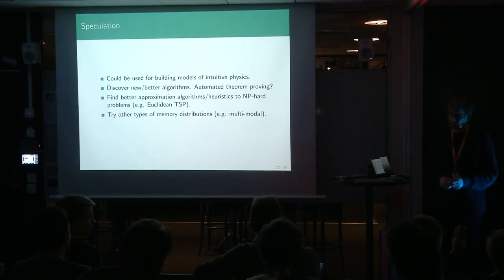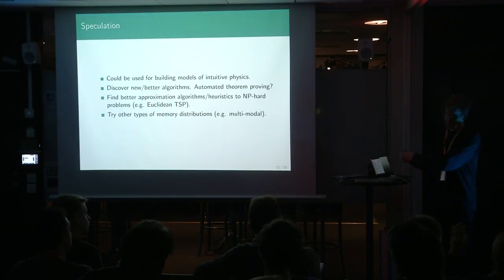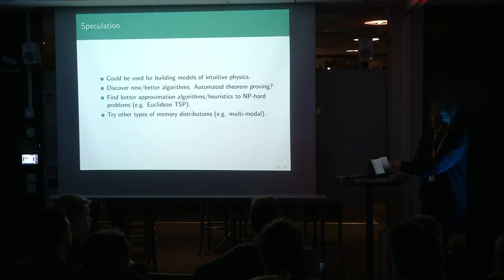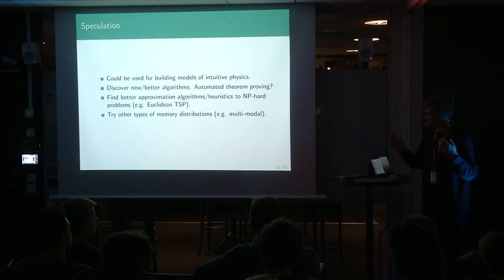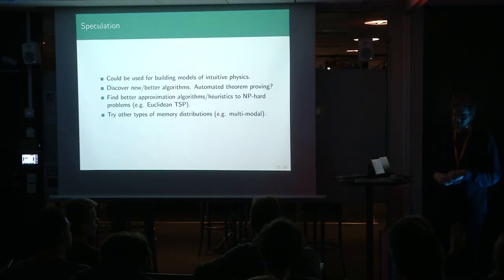I'm not sure. I like the idea of capturing graph structures in this way, because if the network can understand the graph structure and reason about it, then maybe you can find some good algorithm for discovering communities in a big graph or something like this.